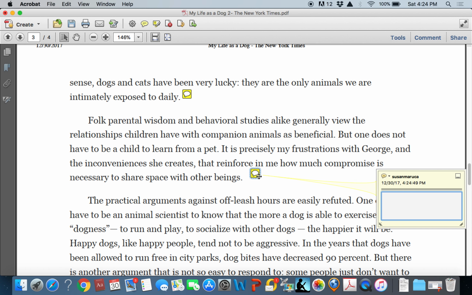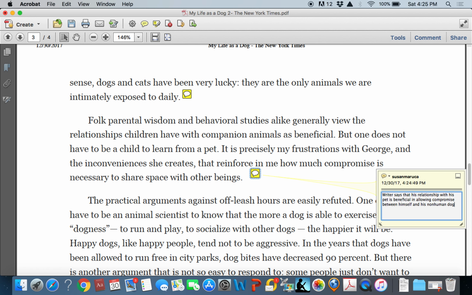So here, the writer says that his relationship with his pet is beneficial in allowing compromise between himself and his non-human dog.